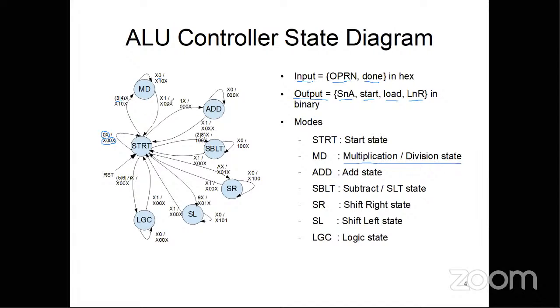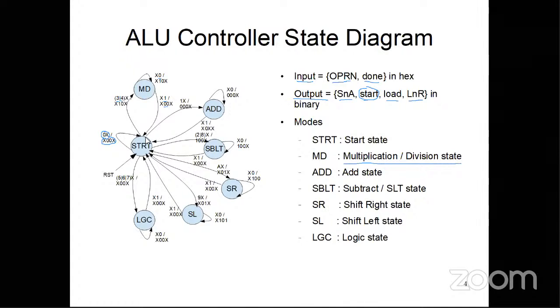So as soon as my done is 1, I set the start to 0 and keep the load at 0. Other control signals don't matter from this side. So I come back to the start state. That means essentially my multiplication is done.